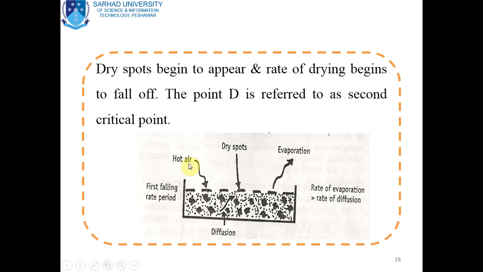You can see in the diagram, in the first falling rate period, that is where the hot air is, the diffusion from the interior and the drying part, and the continuous film is not there. Evaporation occurs, and the rate of evaporation becomes more than the rate of diffusion, because there is not enough water content to maintain a continuous layer.